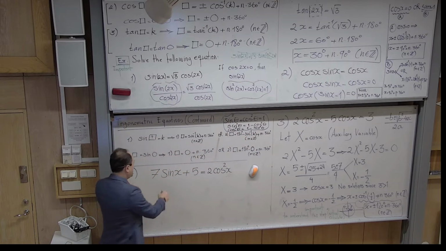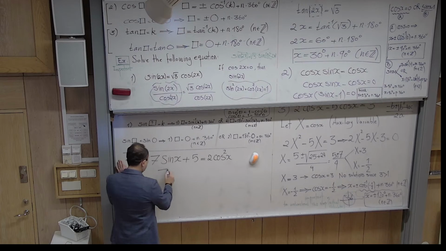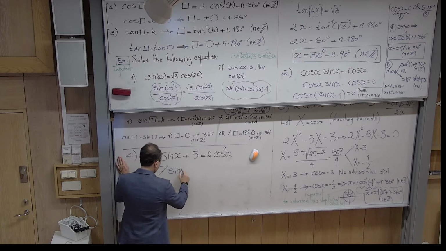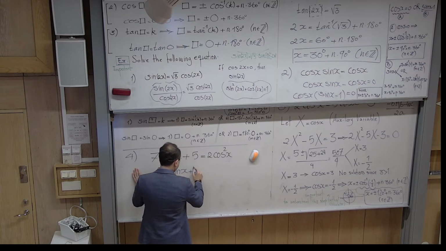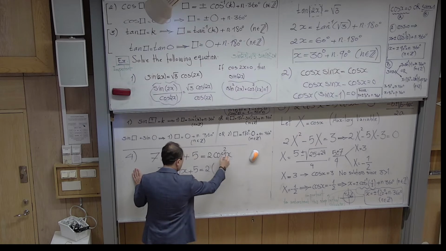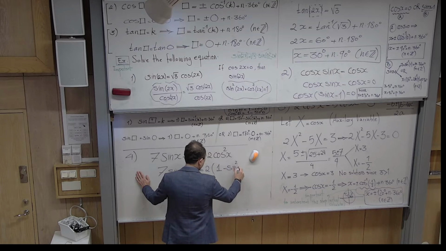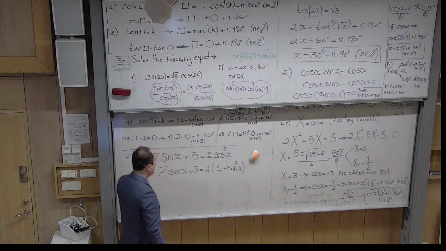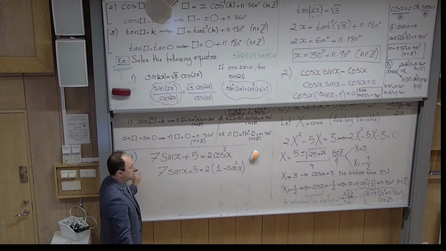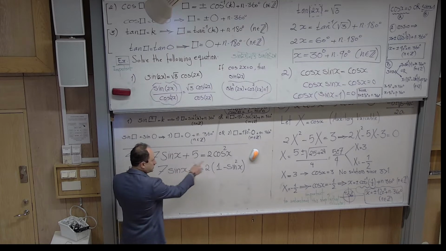Okay, so what I can do here, as Robert mentioned, I would just write this and that, and then I put 2, but instead of cosine squared x, what can I write? I can write 1 minus sine squared x. Why is this useful? Because now I can use the idea of an auxiliary variable. You see sine x and sine x are appearing.